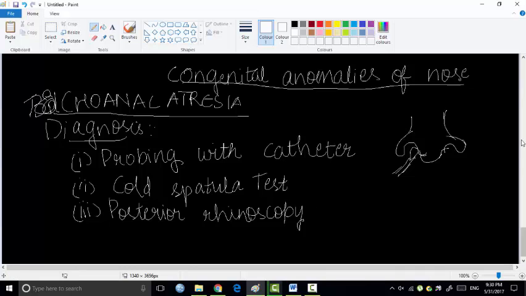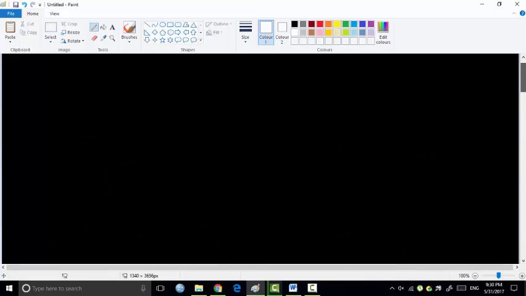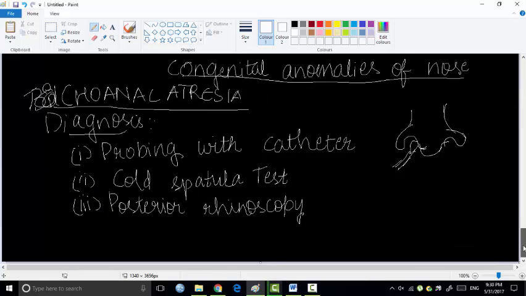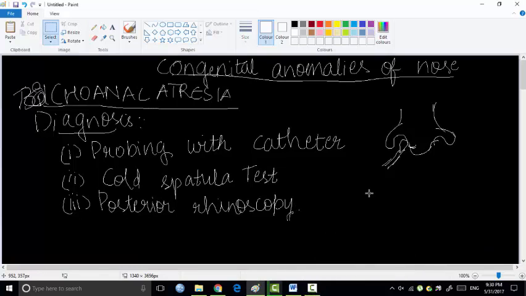Posterior rhinoscopy can be done, and it is mostly useful if and only if there is complete atresia, right? Now the fourth test which can be done is the air blow test.